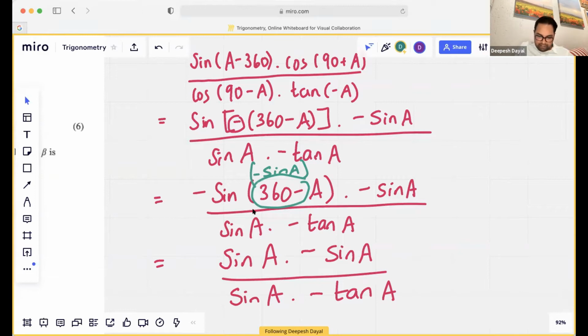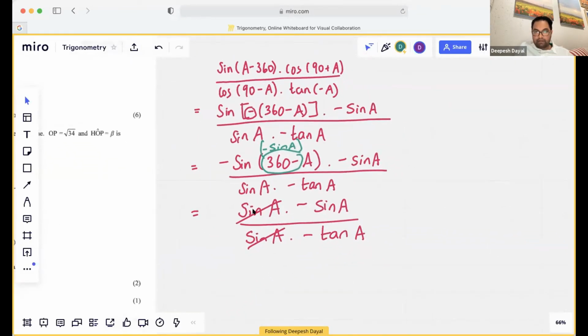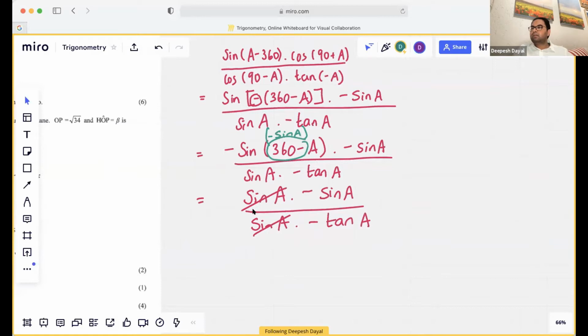Right, so this isn't the final answer. So what we're going to do next, we're going to cancel. So this will cancel with this. And then we're going to be simplifying it further. So once we simplify it further, remember, what is tan? The minus and the minus will also cancel. So it's going to be sine A over sine A over cos A, right?